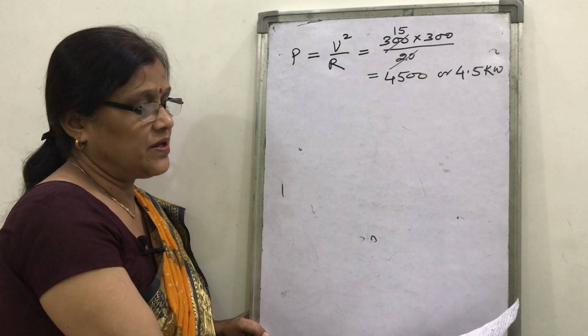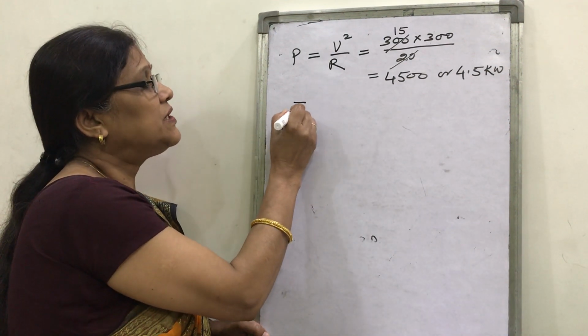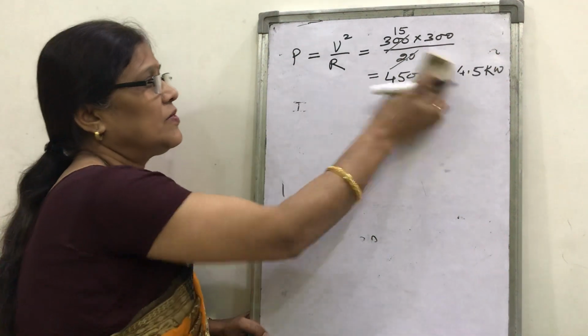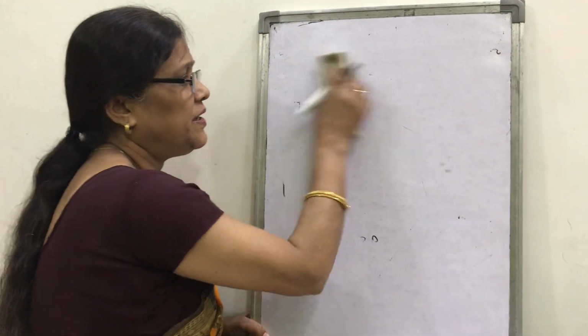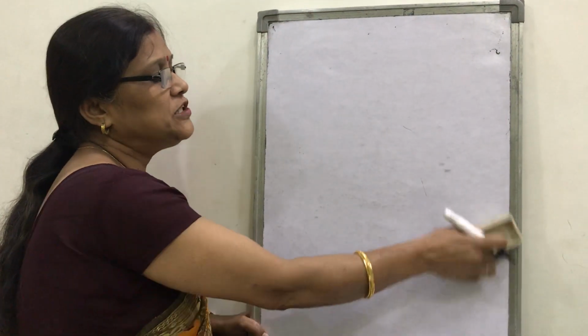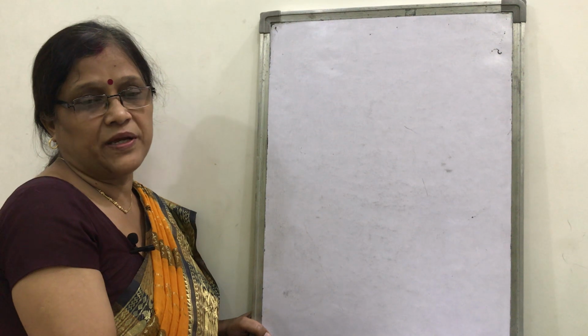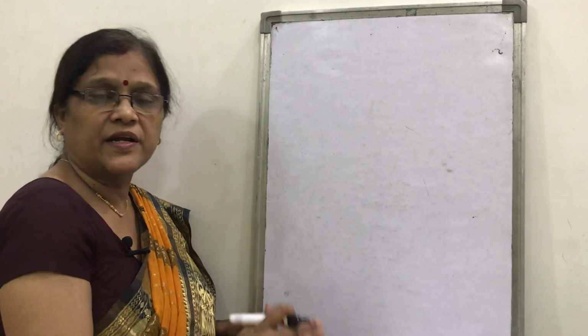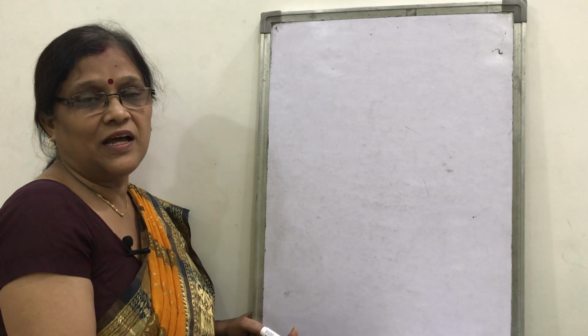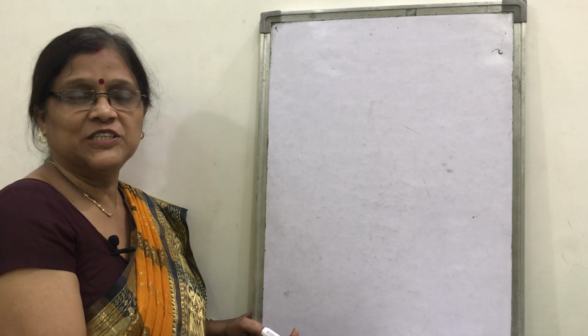So here, in the first case, the power transmission is made at 20,000 volt. You must know that we discussed the topic that power transmission is made at high voltage. So you must know the answer, that the higher voltage mode, that is 20,000 volt, will be the correct one.